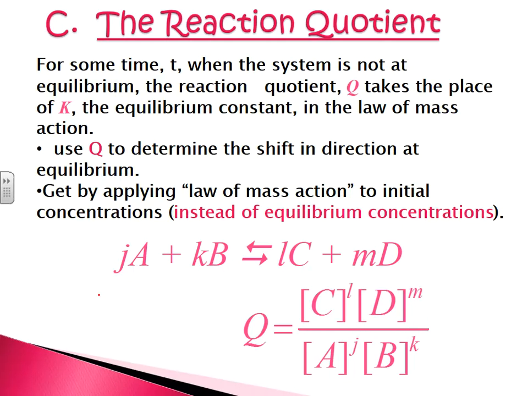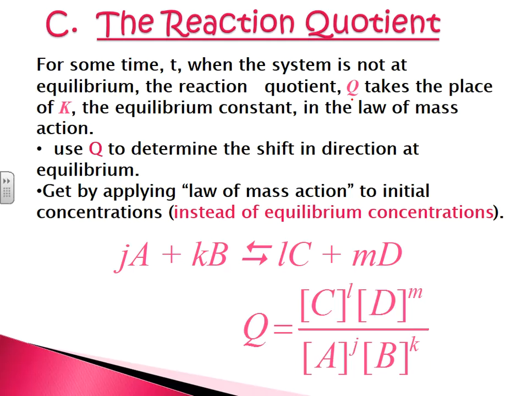So let's now talk about the reaction quotient. And thinking in terms of a chemical reaction occurring for some time, we'll call it time equal to t, at some time in the reaction when the system is not at equilibrium, we can determine the reaction quotient, and from the reaction quotient, we can determine the direction the shift will need to take in order to reach equilibrium.